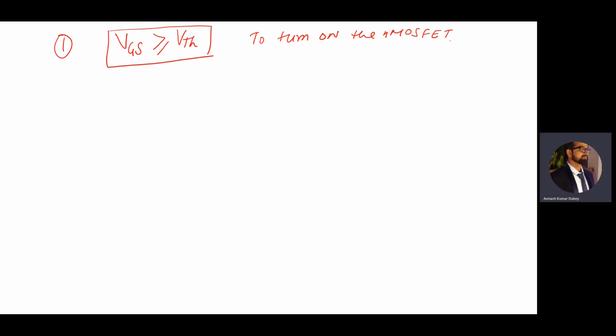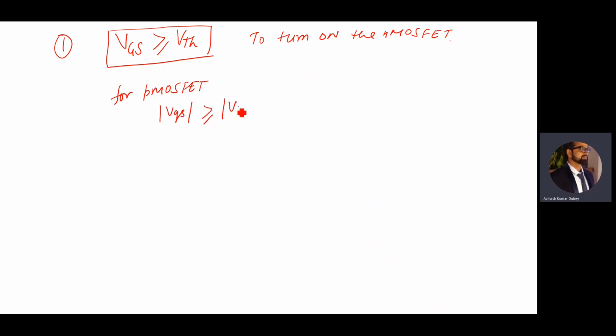However, for the PMOS devices, similar to that, generally we apply a negative voltage at the gate terminal. Therefore, for the PMOS field effect transistor, we can write it both ways.